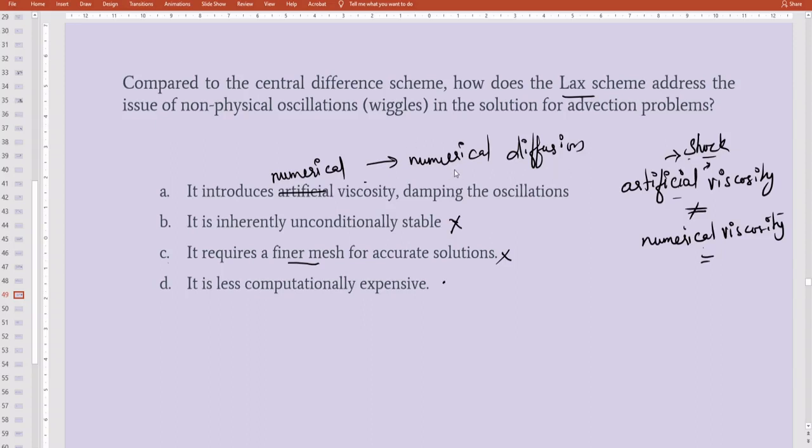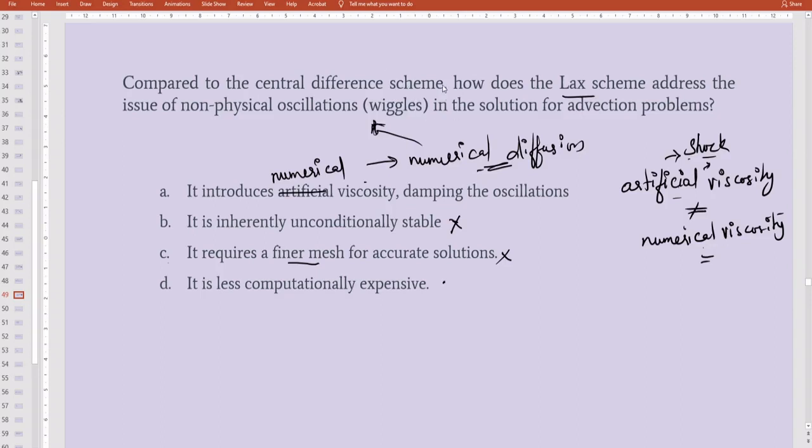So numerical diffusion, you have already seen, is due to the inherent issue of the system. The sharp corners or sharp features are not captured. So this is actually a disadvantage in most cases. But in some problems there will be non-physical oscillations or wiggles in the solution. In such cases, this numerical diffusion can be helpful in damping these non-physical oscillations.